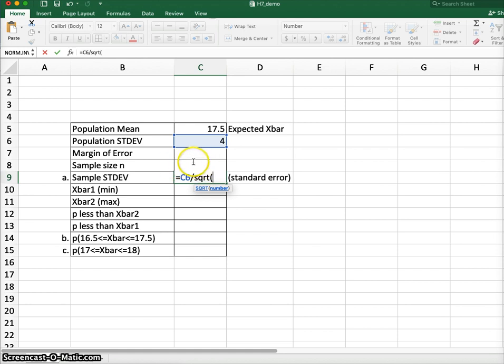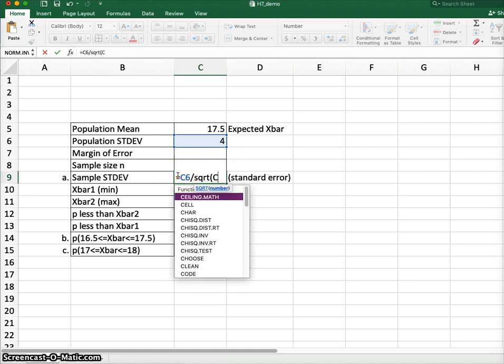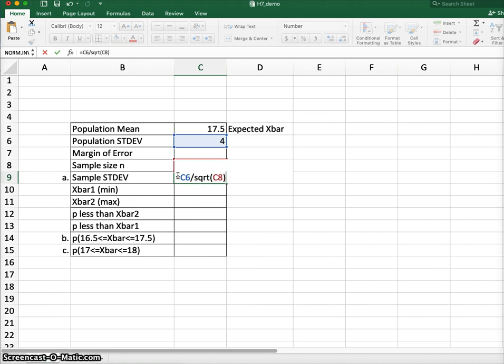I don't know why this is blocking this out, but it's C8, so I'll type in C8, which gives me that 50. You can see my sample standard deviation is much smaller than my population standard deviation. I have to know the sample size to calculate that.